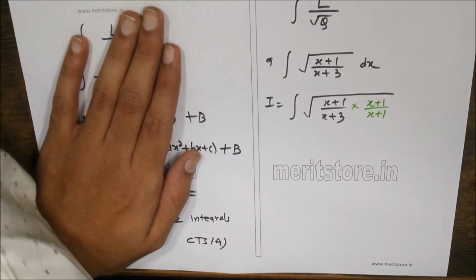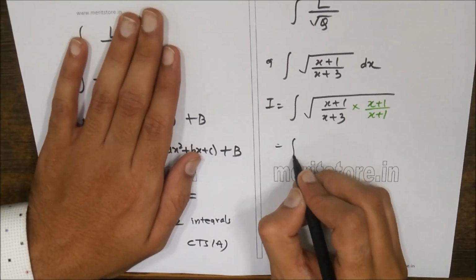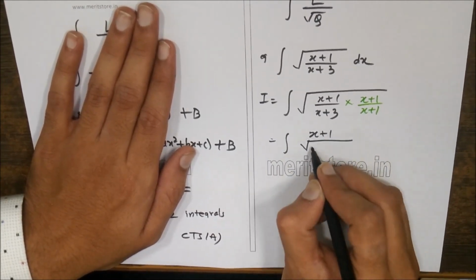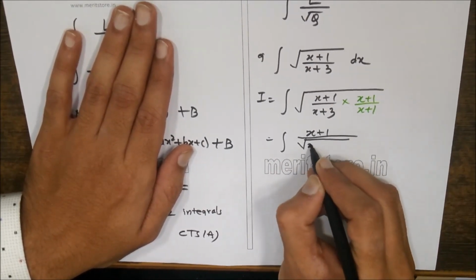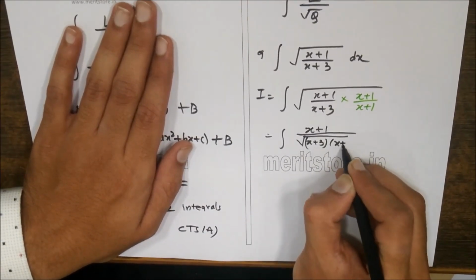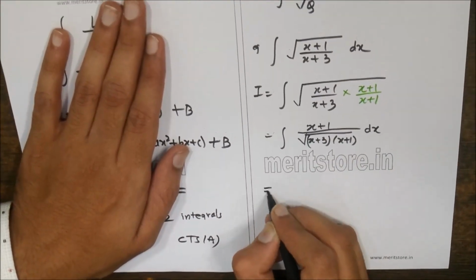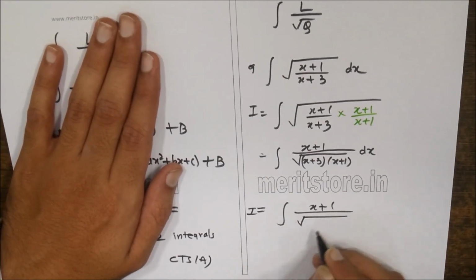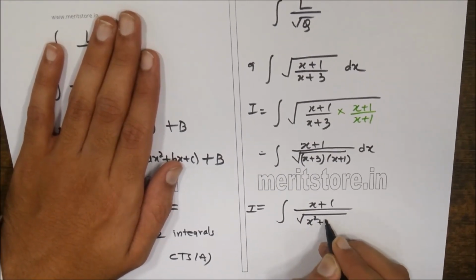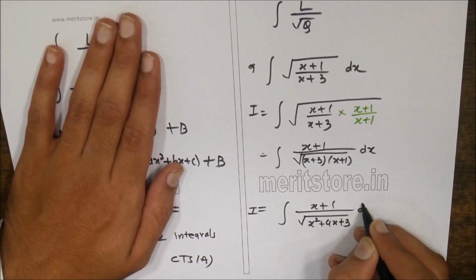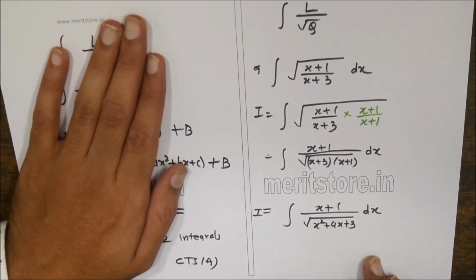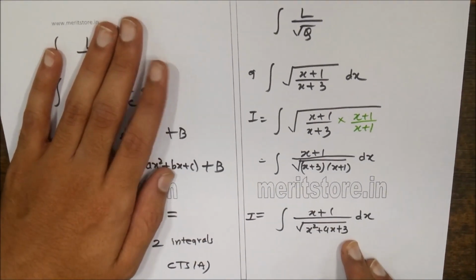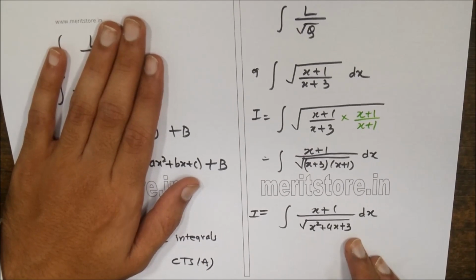By doing this, I'll get integral as x plus 1 upon root of x plus 3 into x plus 1 dx. Solving this integral, we get x plus 1 upon root of x square plus 4x plus 3 dx. Now observe, this converts to the category of linear upon root of the quadratic. The steps are almost identical to the previous case.